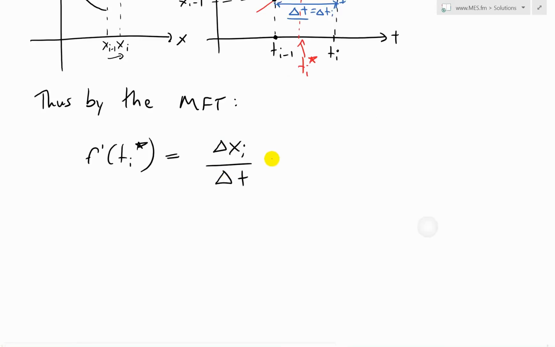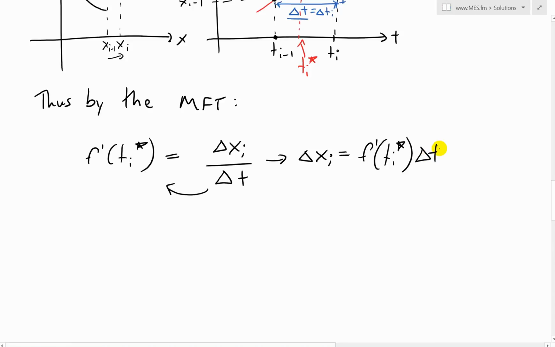Now if we rearrange this and move this over to this side, we end up having delta x_i equals f prime of t_i star times delta t. And that's what we have.